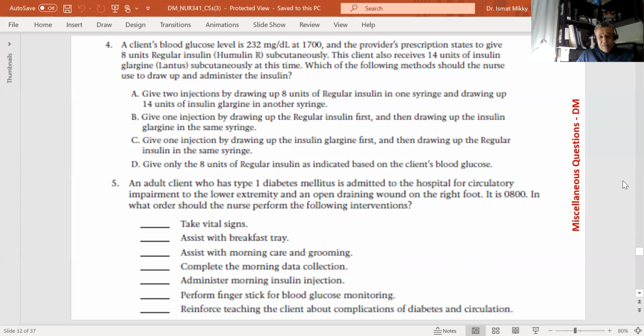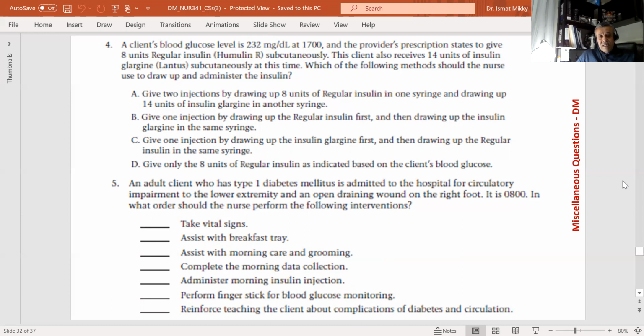So the nurse should collect the patient's vital signs and then check the patient's glucose level. You administer the insulin approximately 30 minutes prior to a meal, prior to breakfast. So give the insulin after the blood glucose level is checked. And then you will complete your morning data collection, assist with the breakfast tray, and then complete the morning care and grooming.